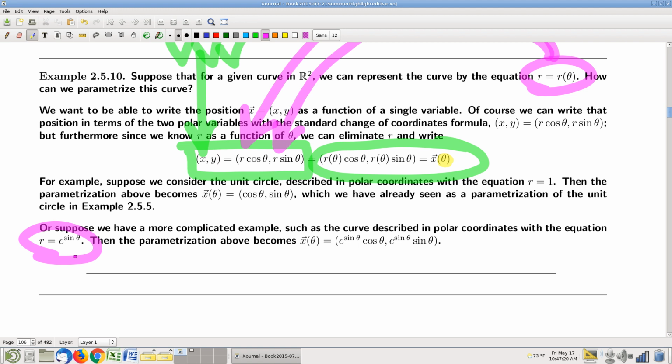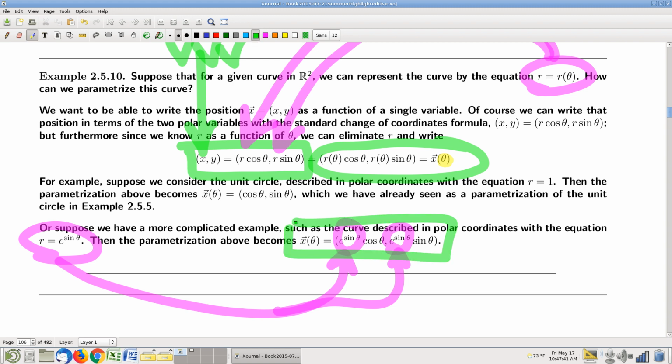Hard to say exactly what that thing looks like. But I can totally parameterize that thing. I can't draw it very easily, but I can parameterize it because r, being a function of theta, plug that in, and all this really says here is position is r cosine theta, r sine theta. It's just this trick applied to that curve. So, neat fact, you can parameterize stuff that you can't even draw, which is nice. It's a very powerful trick.